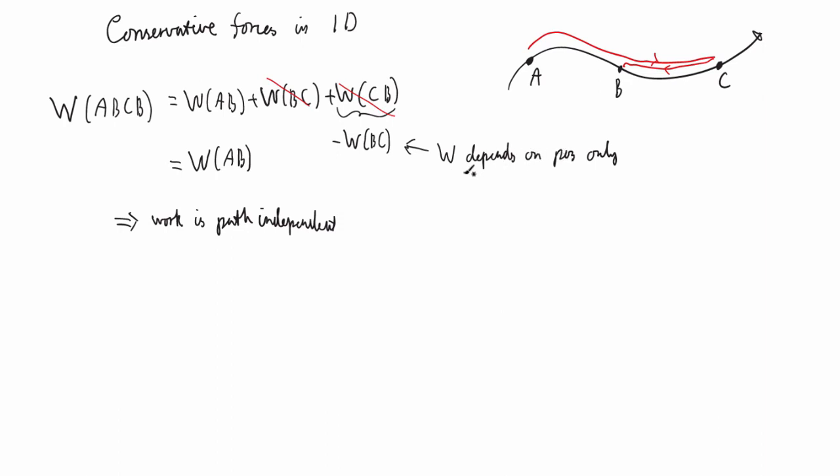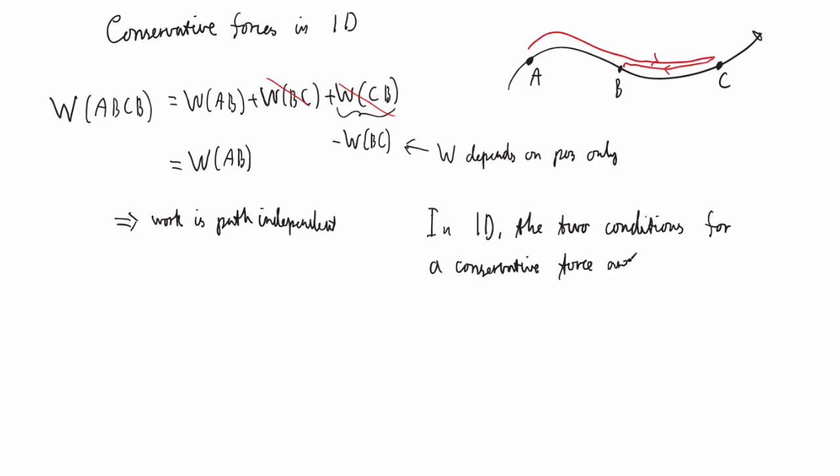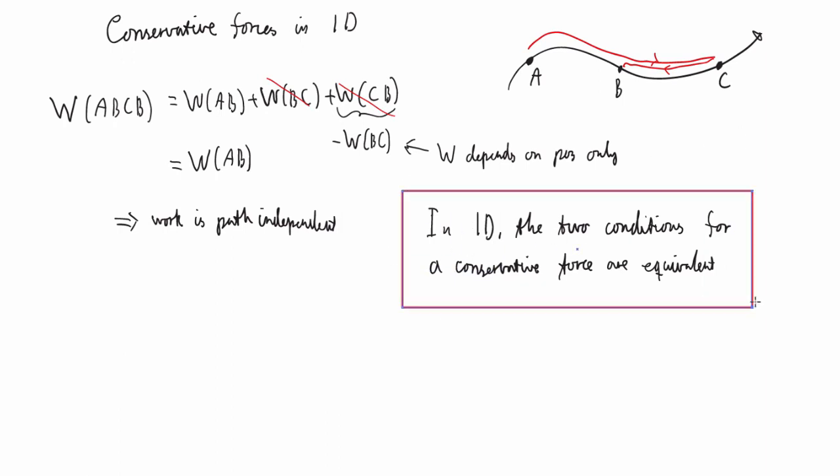So remember that in higher dimensions, these two conditions both have to be satisfied at the same time. In one dimension, they are equivalent. And that makes life simpler if we are lucky enough to be working in one dimension.